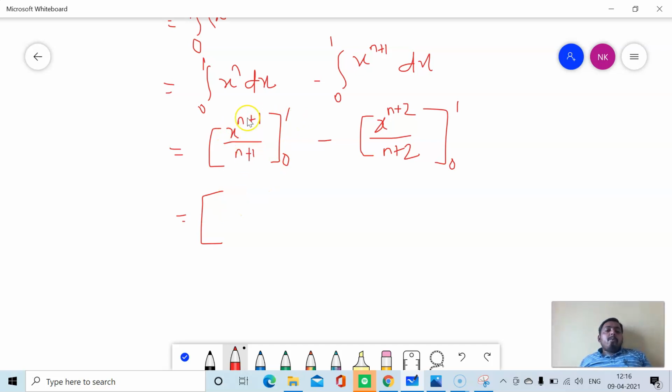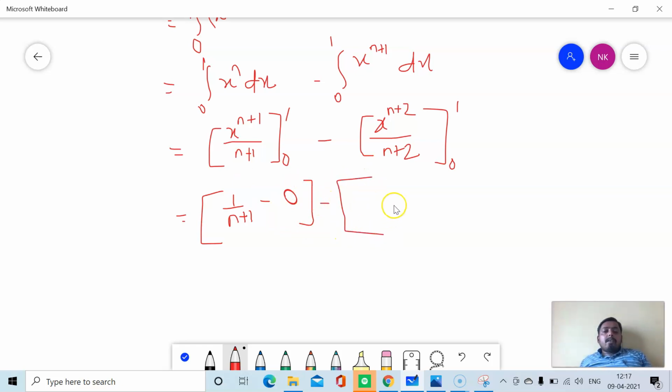So 1 to the power n plus 1 is always 1. Divided by n plus 1 will stay as it is. Minus 0 to the power n plus 1 is 0. 0 divided by n plus 1 is also 0. Okay.